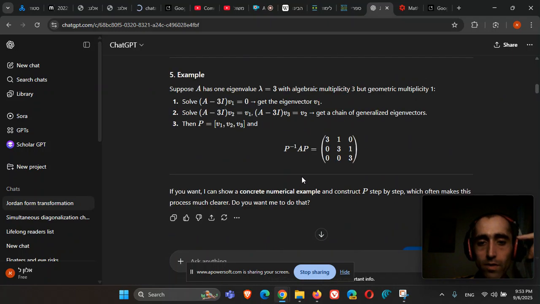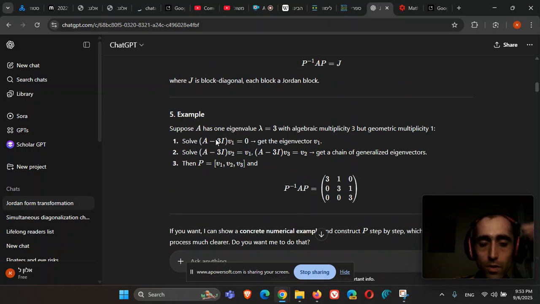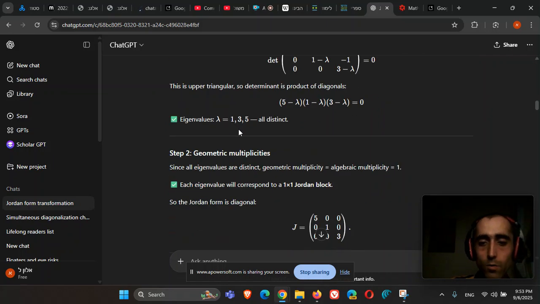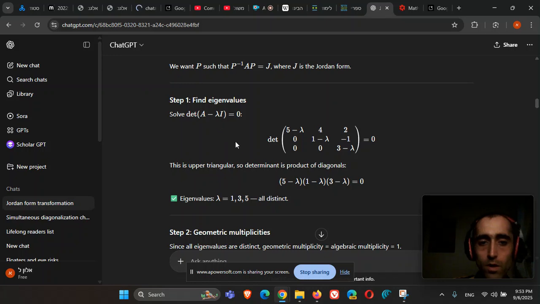Let's look at an example. Let's start with an example that is totally simple. This is diagonalizable, and this is the matrix. I want to find the Jordan form. You find the eigenvalues and the characteristic polynomial. You have 3 distinct eigenvalues, each one with algebraic multiplicity of 1, so geometric multiplicity is also 1.